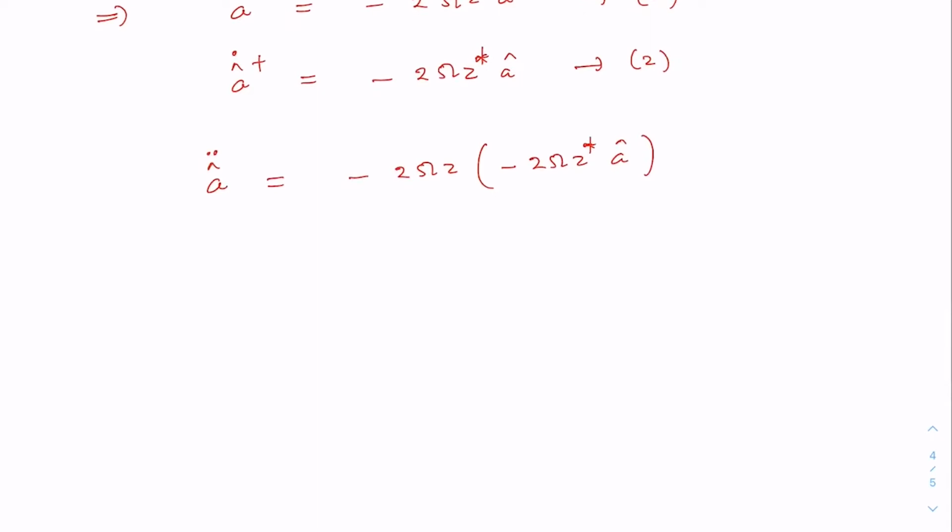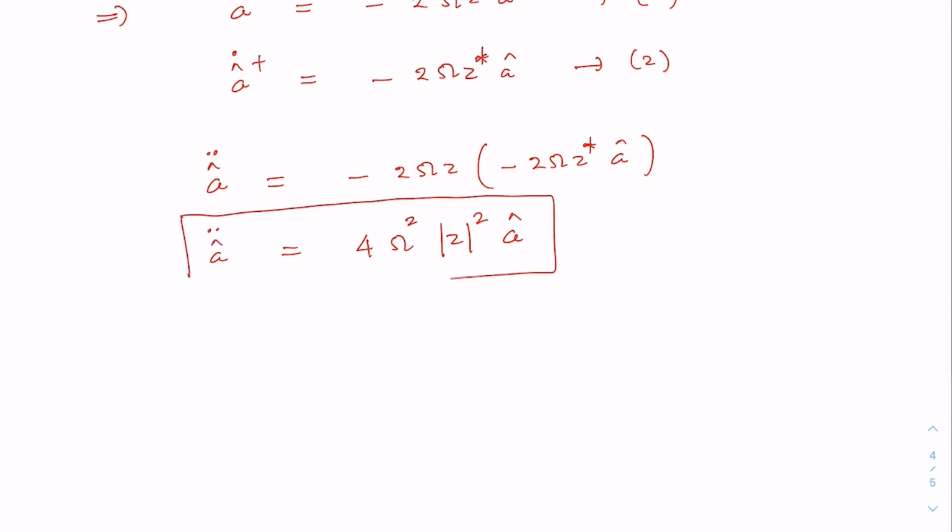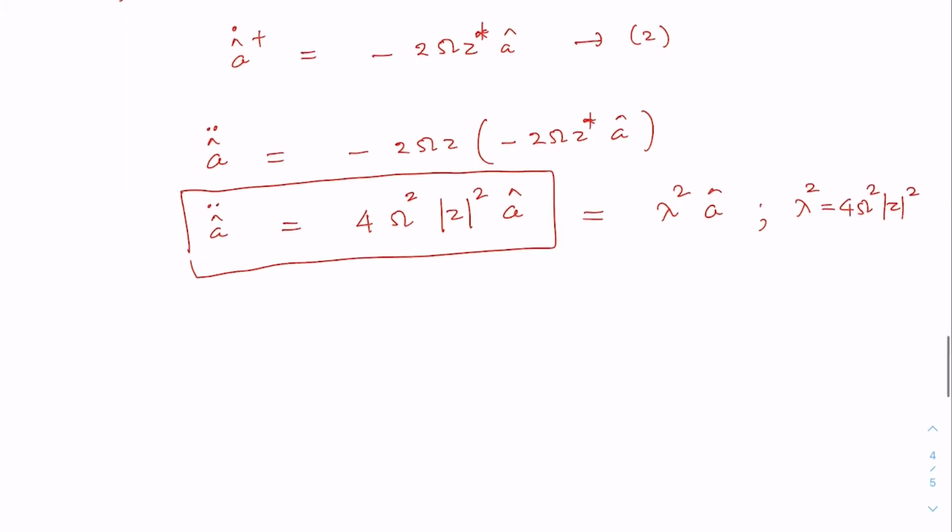Therefore what I will get here is 4ω² |z|² a. So I get an equation for the annihilation operator, and I can write it as a double dot equals λ² a, where λ² is equal to 4ω² |z|².